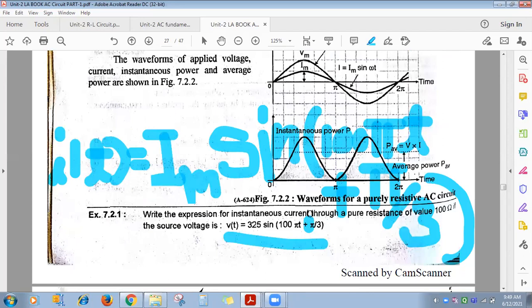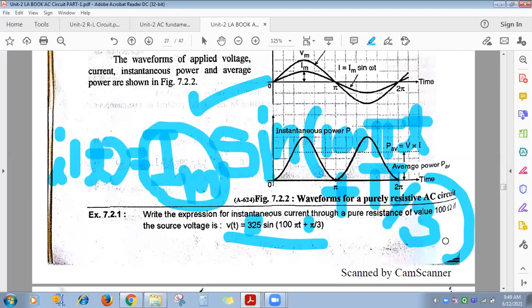Okay, so what is the question now? This is the standard instantaneous current equation. Omega is 100 pi. Here, this angle is plus pi by 3. Only you have to find out I_m now. So how can you find I_m? Do you know V_m? V_m is how much? 325. Okay, and resistance is how much? 100 ohm.